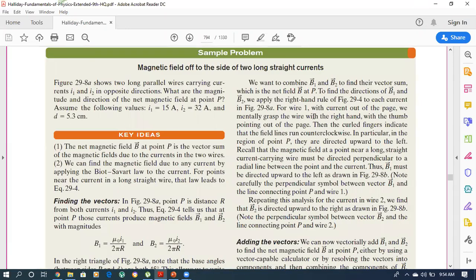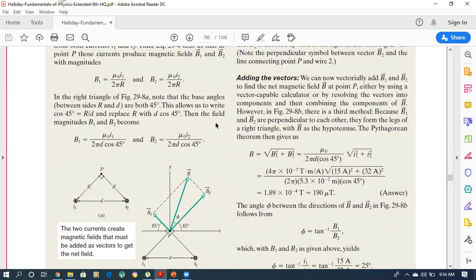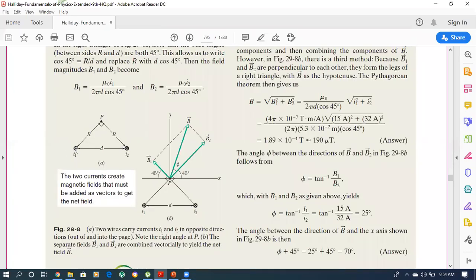Similarly, there is another problem given. Just like in the previous one, I have shown you the diagram in PowerPoint. Look at figure number 1.